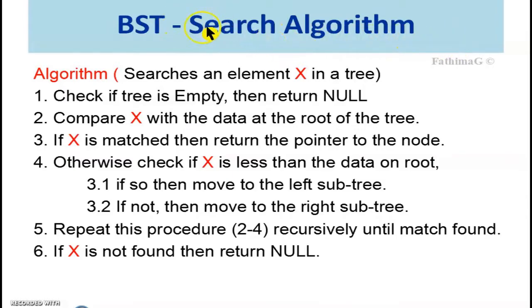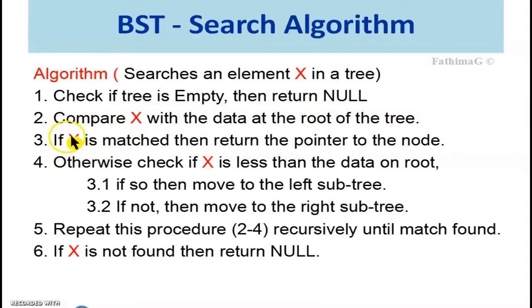First, let us see the algorithm for search operation. Let X be the element to be searched in the tree. This algorithm returns a pointer to the node in the tree that has the element X. As a first step, check if the tree is empty. If so, return null. If not, then compare X with the data at the root of the tree.